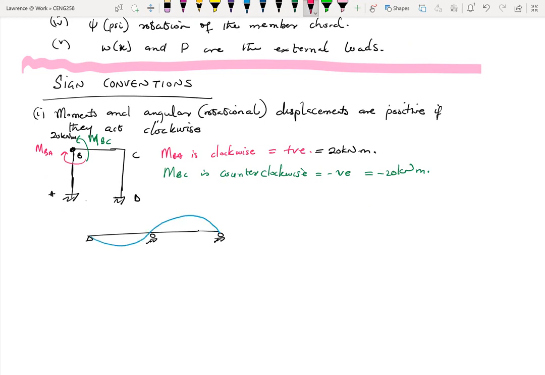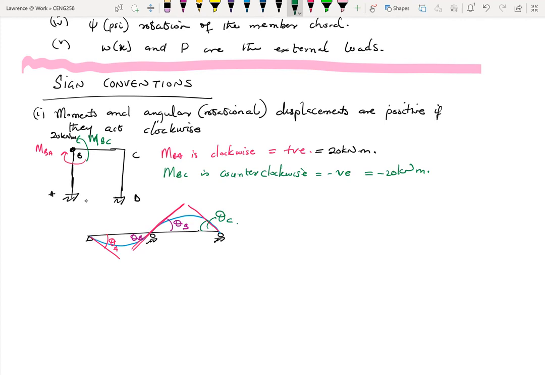So here, this is theta A. So here is theta B. The same here as theta B. Then on this end, we have theta C. So which of these ones are positive and which of these ones are negative?